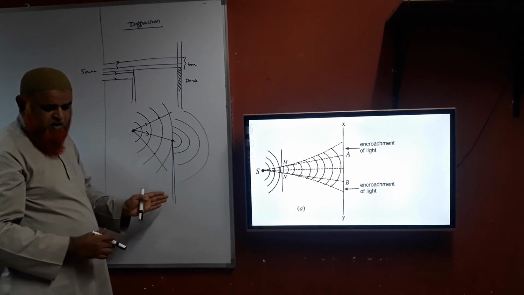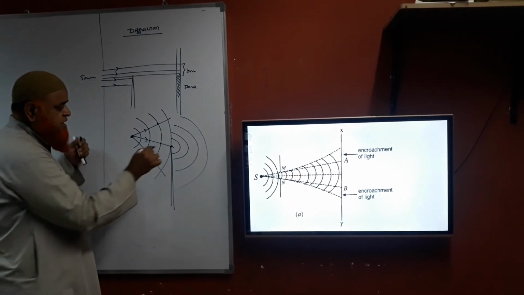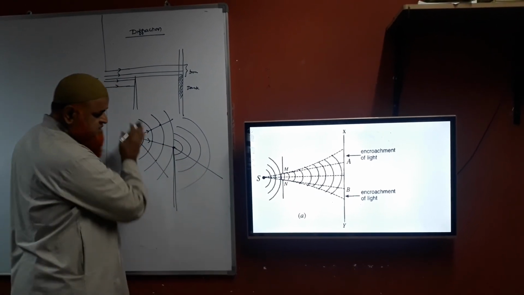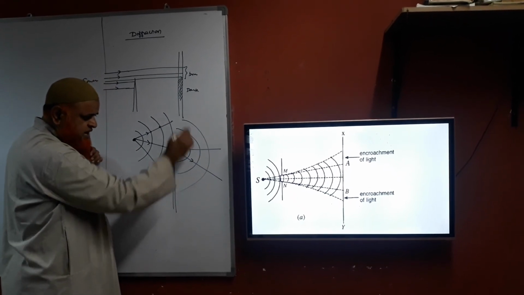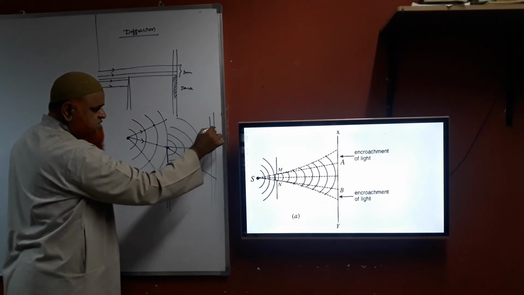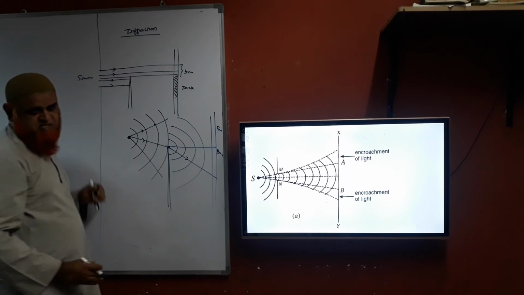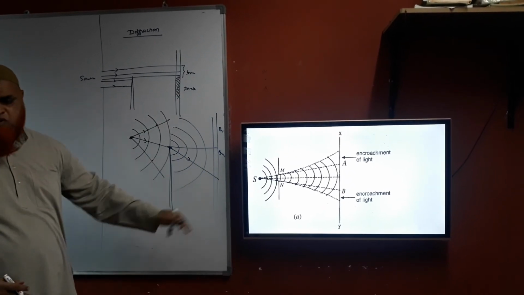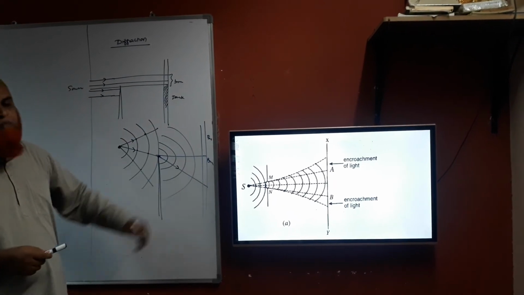When you try to block the wavefronts, secondary wavefronts immediately form, because of which light bends. It is not going in a straight line. You will see that not only this part is bright, even this part is a little bit bright, and brightness reduces from top to bottom.